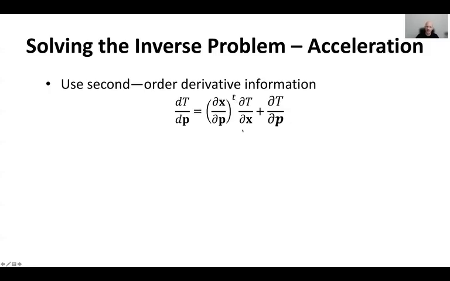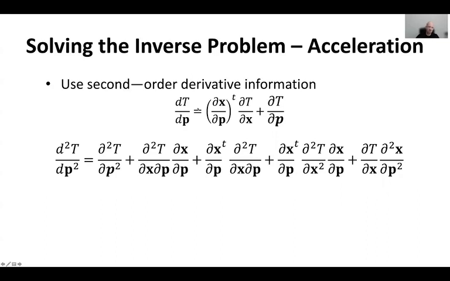It involves the simulation derivative itself, and the partial derivatives of the objective in equilibrium space and in parameter space. Higher order derivative would mean a second order derivative of this objective function. If we just do the calculus directly, that's the expression we would end up with.